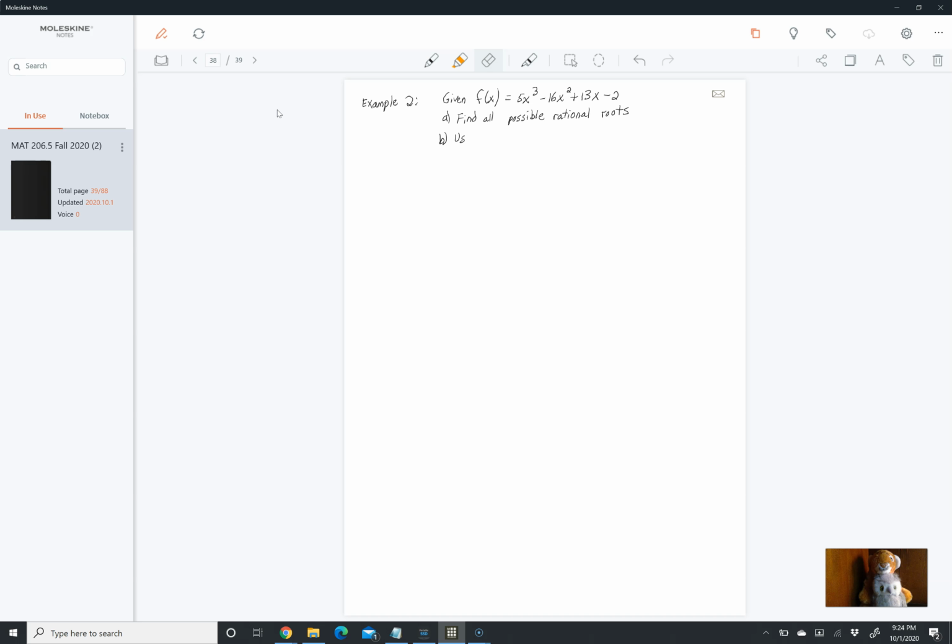We're going to use either or, so you don't have to do both: synthetic division or the remainder theorem, to show this time that 1 is a root of f of x.